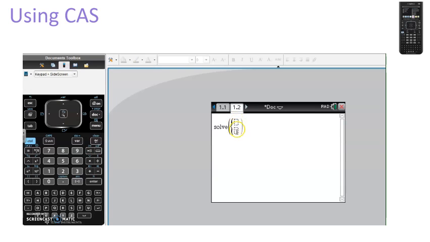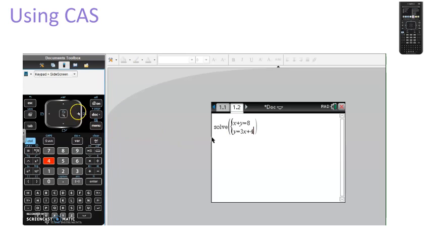So in these 2 boxes, I can type in my 2 simultaneous equations. So x plus y equals 8. Then to get down to this next box, you can click the arrow down. And then we've got y equals 3x plus 4. Then we're wanting to tell the calculator to figure out what x and y is, so to solve for x and y.